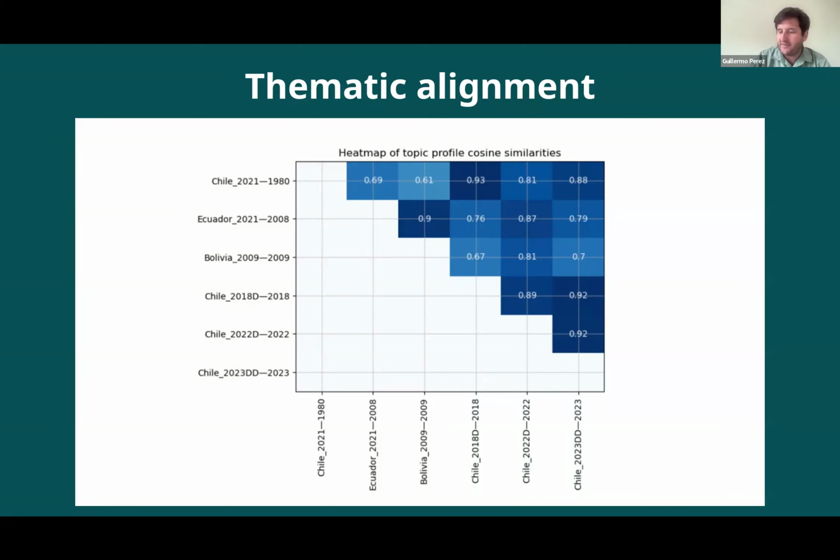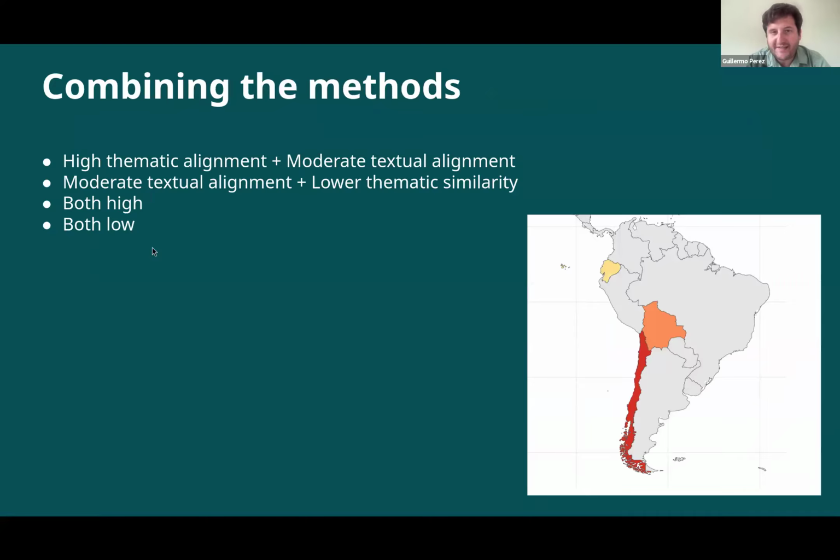And the last thing I'm going to say, because I'm talking more than 5 minutes, is the real power that comes from using the two methods. When you combine the thematic alignment and the textual alignment, that's the real power that comes from the method.